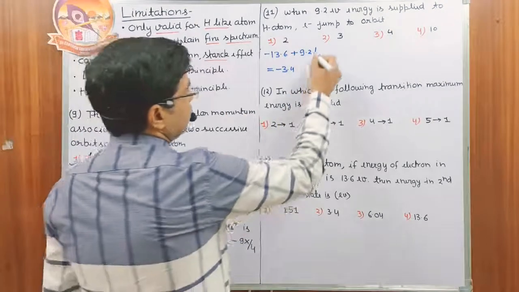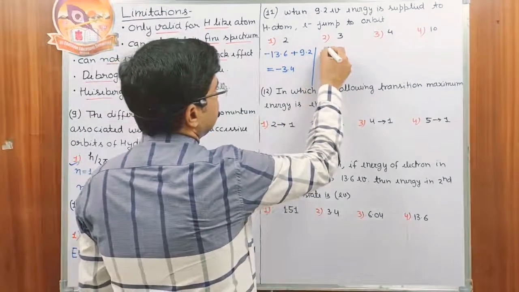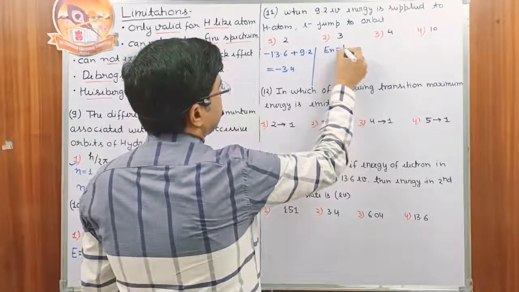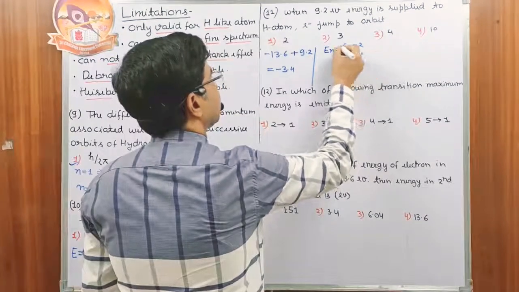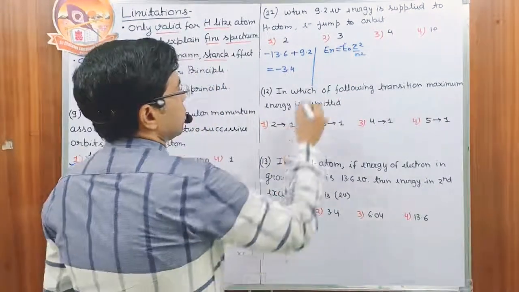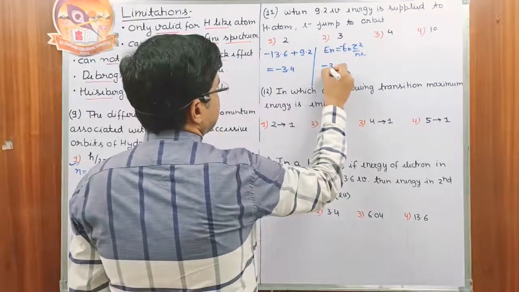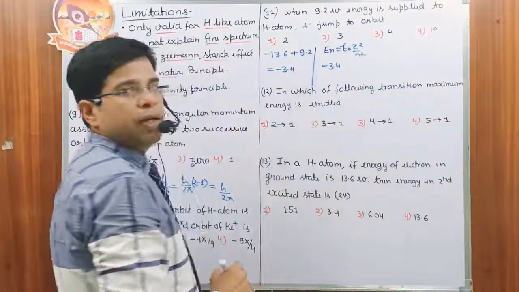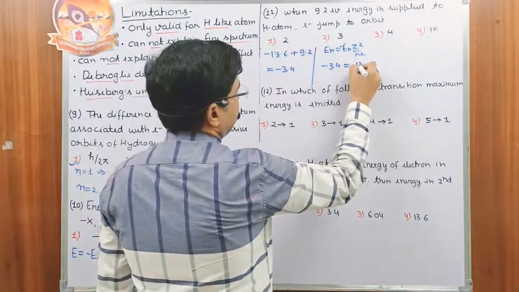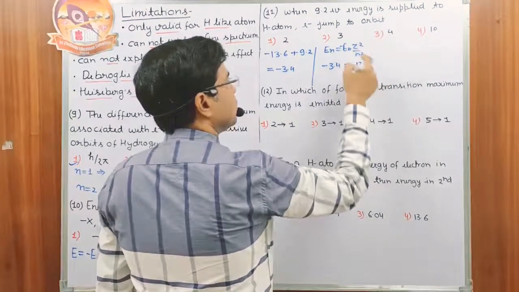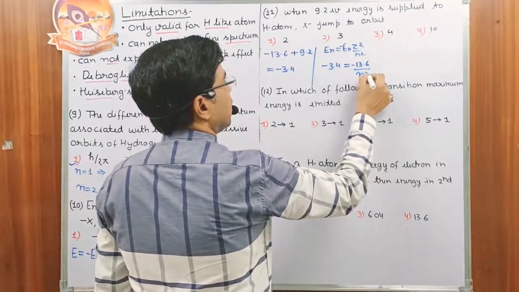Then we know the energy formula is En equal to minus E0 z square upon n square. So minus 3.4 is equal to minus 13.6, for the hydrogen atom z value is 1, divided by n square.